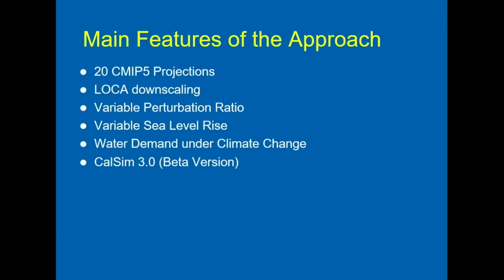We also use variable sea level rise for each climate model projection. We also calculate the water demand under climate change. The major part of this feature is we're using CWEMF to evaluate climate change impact on the State Water Project.